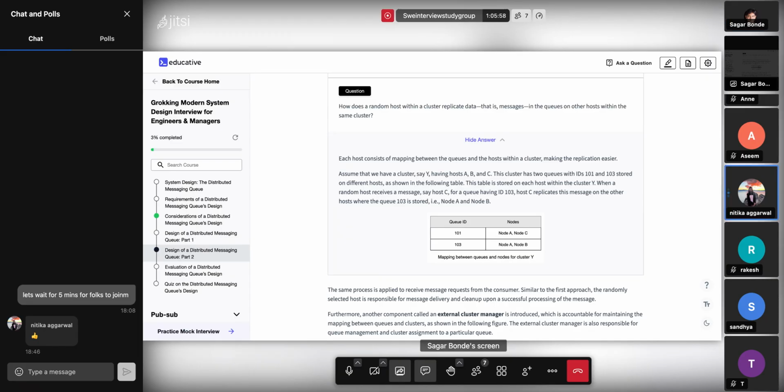Basically, whichever host the request lands on, it will act as a primary for that particular message. When I say primary, it will store the message in itself as well and make sure the message is replicated to the other hosts or nodes as well. Correct.